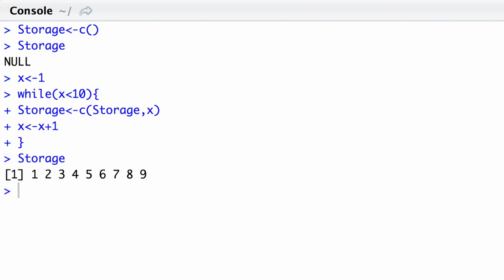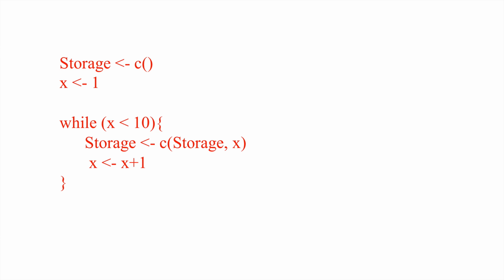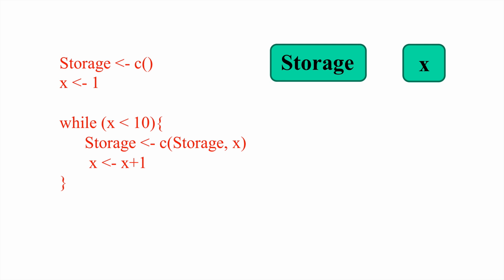So let's just run through this code quickly. Here's our code, and we'll keep track of what is in our storage vector and what the value of x is. Now we already know that the storage vector starts out being empty, and that the x value starts out being 1. And since x is less than 10, we can run through this loop.